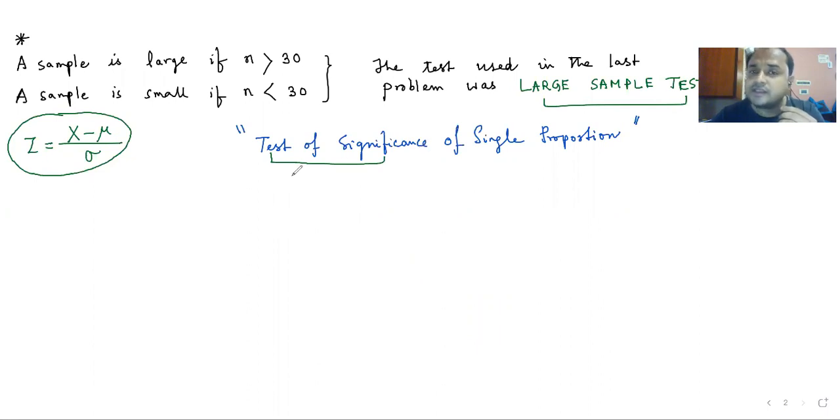Test of significance is synonymously known as hypothesis testing. You have made some kind of assumptions regarding some kind of parameters about the population. You have said the dice is unbiased, and you are talking about its probability of success. You are declaring that it is 1/3.